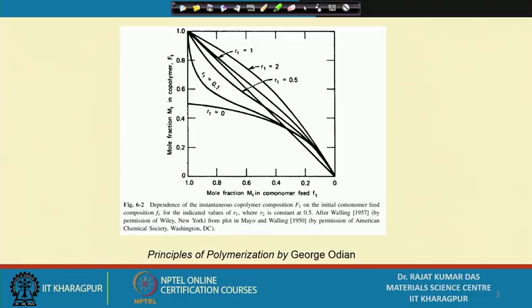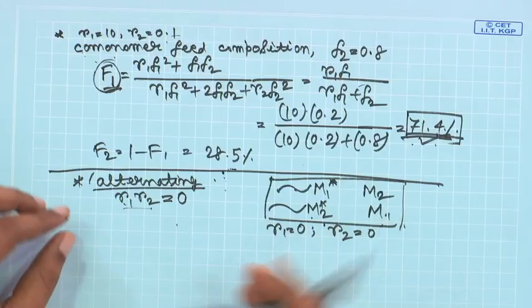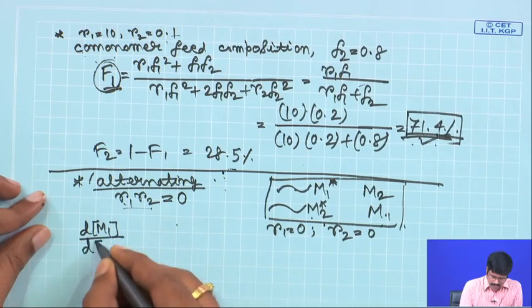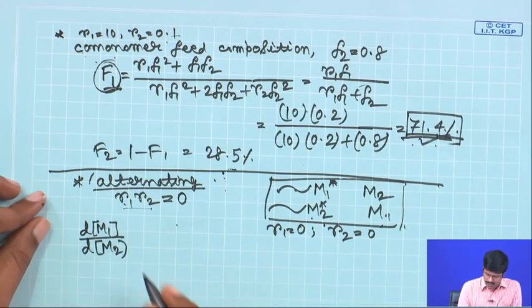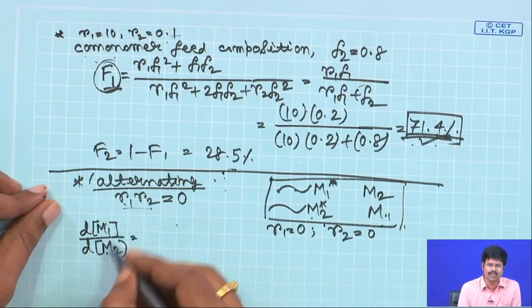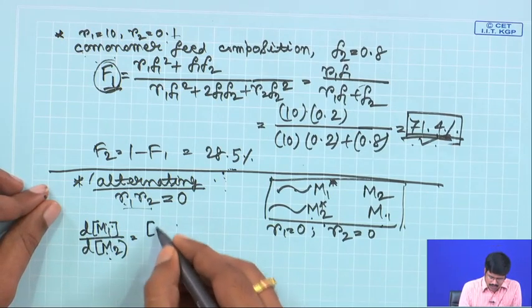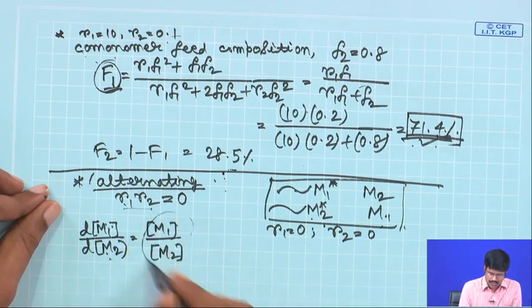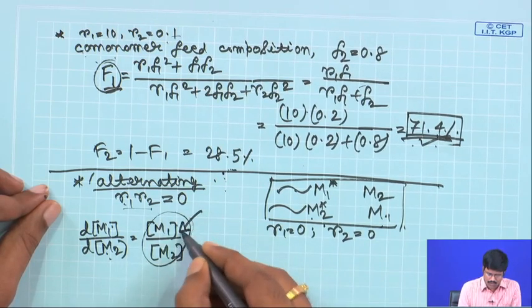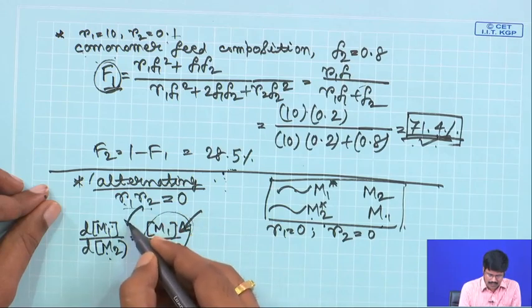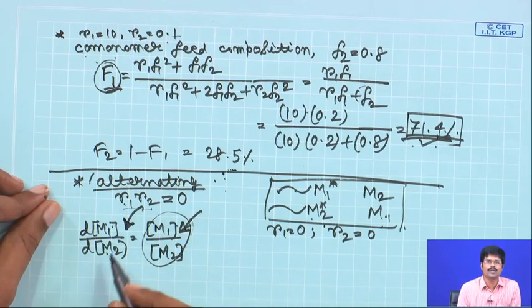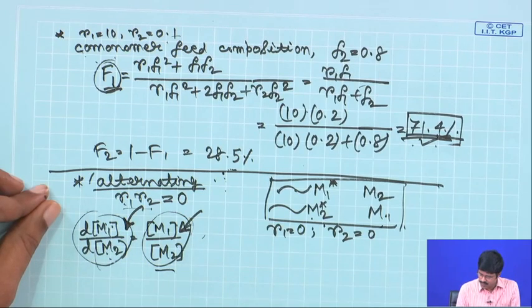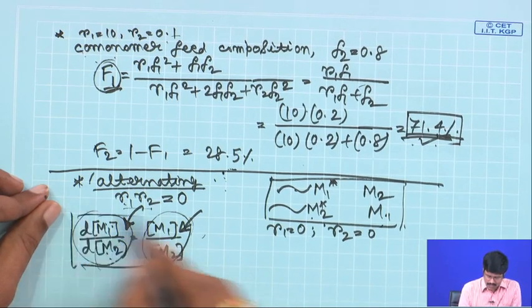If you look at the condition for azeotropic copolymerization, it is like this. Say you are taking the equation for instantaneous copolymerization. So, dM1 divided by dM2 will be equal to M1 by M2, because this is the ratio at which you are taking your comonomer feed, and the same composition will be maintained in the copolymer. This is the condition for azeotropic copolymerization.